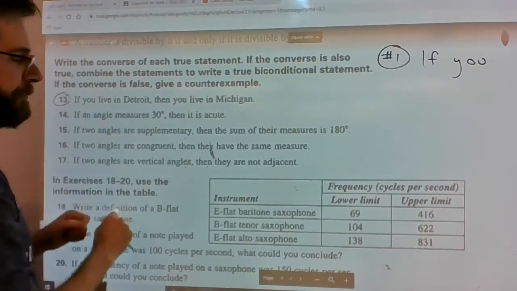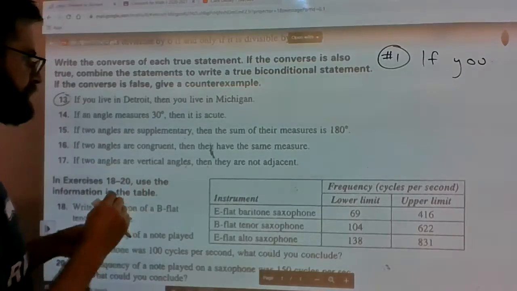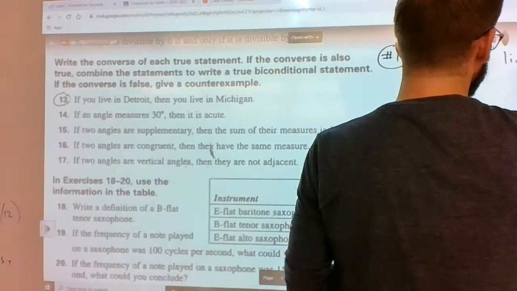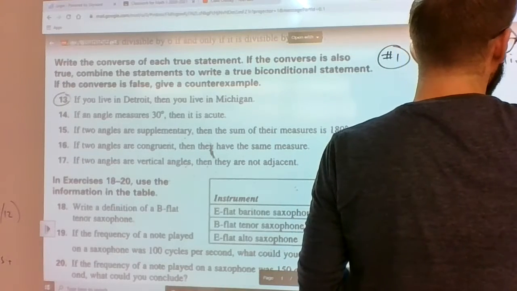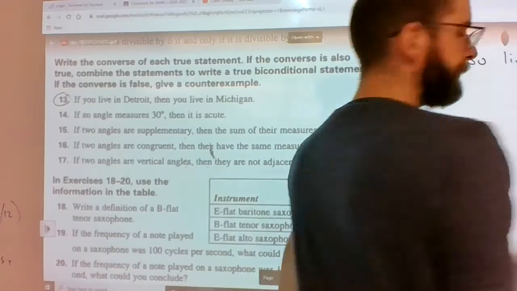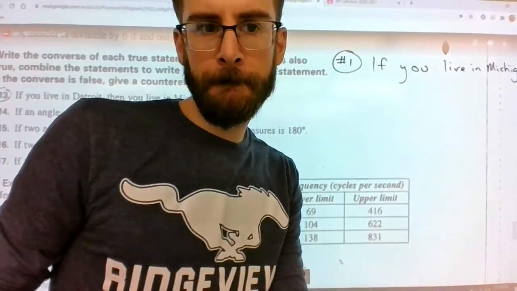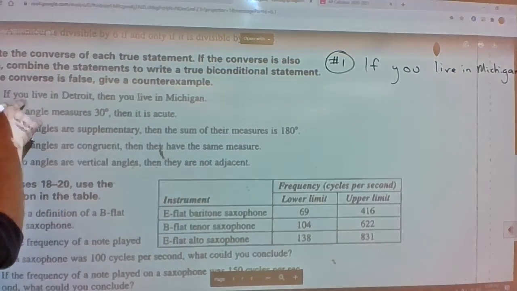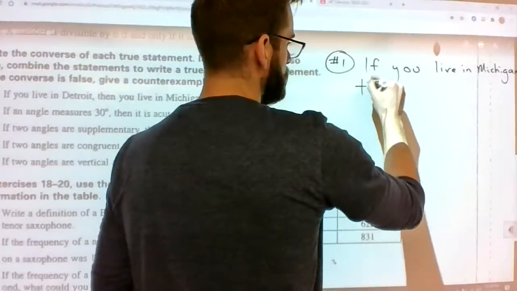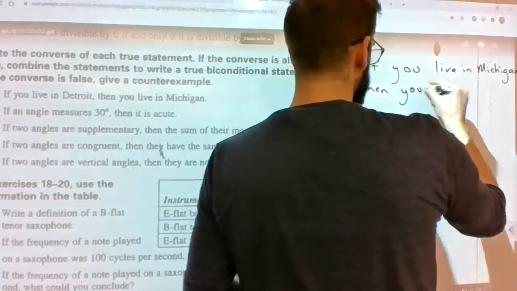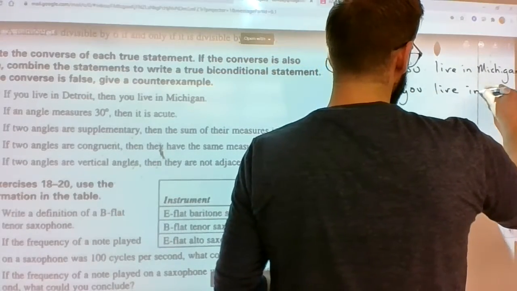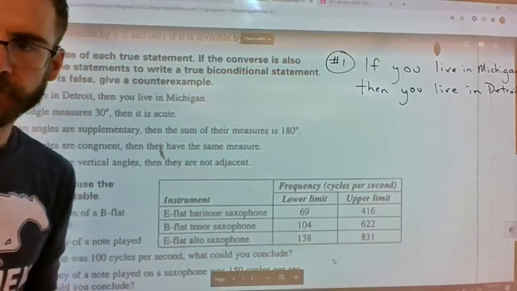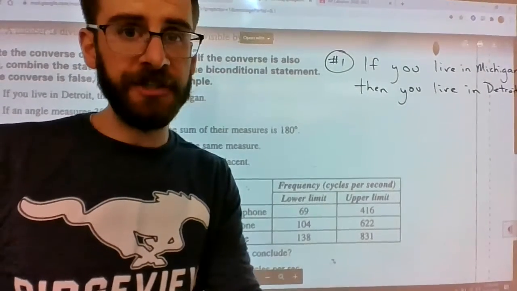You switch the if part with the then part, you've got the converse. So if you live in Michigan, then you live in Detroit. That would be the converse of the statement.